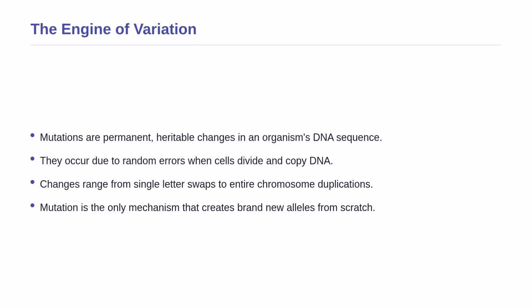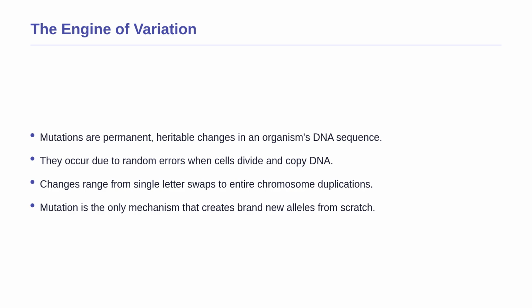To understand evolution, we must first understand where variation comes from. Imagine you are copying a massive, thousands of pages long family recipe book by hand. No matter how careful you are, you will eventually make a typo. In biology, this recipe book is the DNA, and the typos are called mutations.